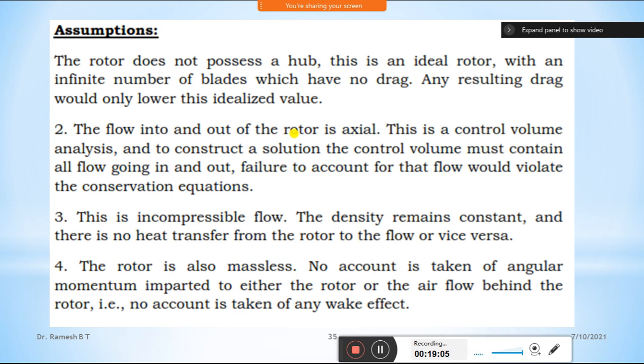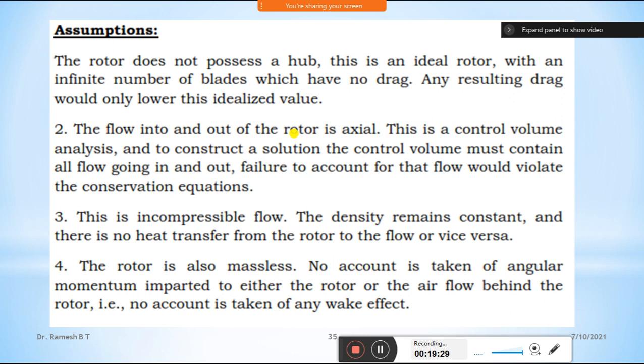Next, the air flowing through V1, V2 and V is incompressible. If it were compressible, it wouldn't produce any pressure differences. Only if it is incompressible will it produce the pressure differences. That is the most important thing.